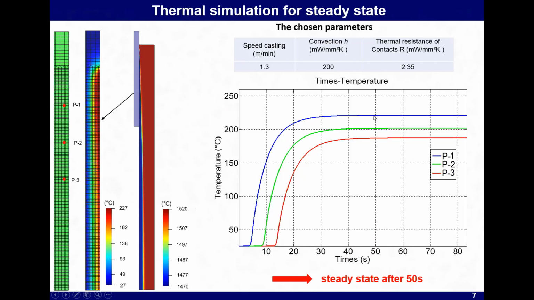This is the mold mesh, and on this mesh, as in reality, there are different temperature measurements, and we can check that we reach a constant temperature. Of course this model has been validated with ABDS measurements, and for such a casting speed we are indeed at the right level of temperature.